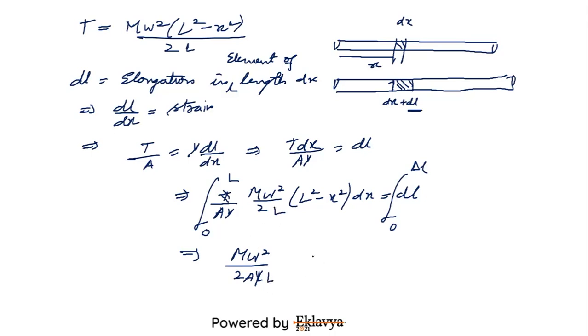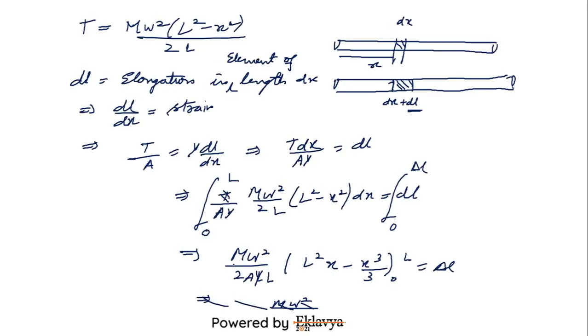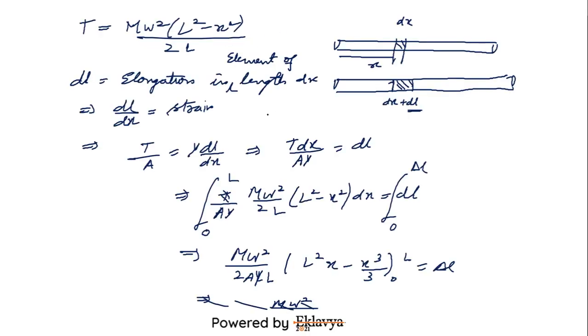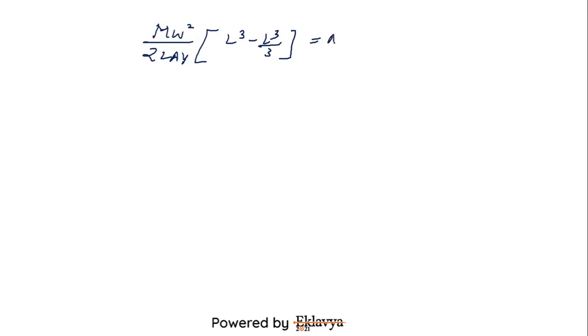So m omega square by 2LAY, and then when we integrate we get L square x minus x cube by 3, and limits will be from 0 to L. This is delta L. Let me write it on the next slide: m omega square by 2LAY into (L cube minus L cube by 3) is equal to delta L.